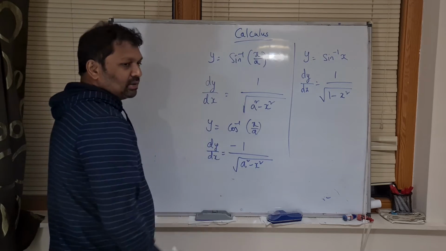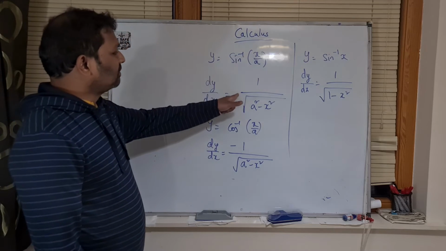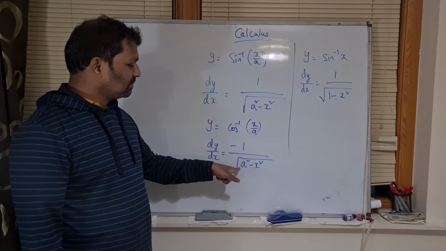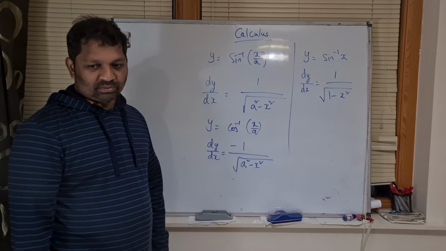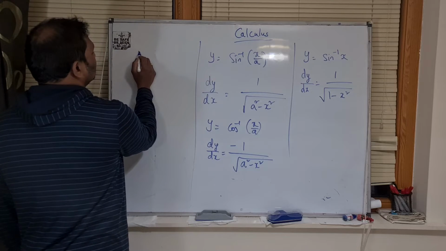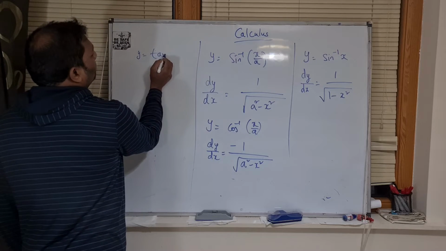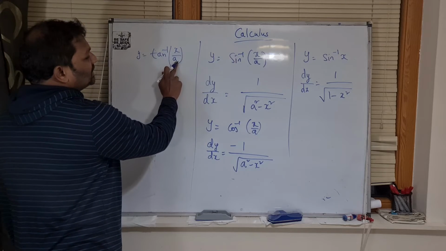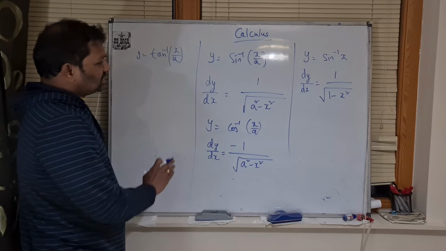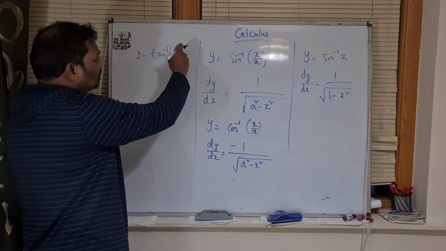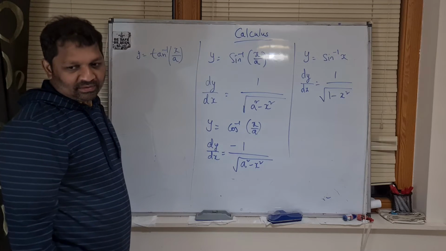Same as the sine function, the differentiation, whatever we have now: 1 by square root of a square minus x square, except here it's going to be minus 1. Similarly, if y is equal to tan inverse x by a, you need to put a bracket here so that this whole ratio goes into the inverse function of tan.